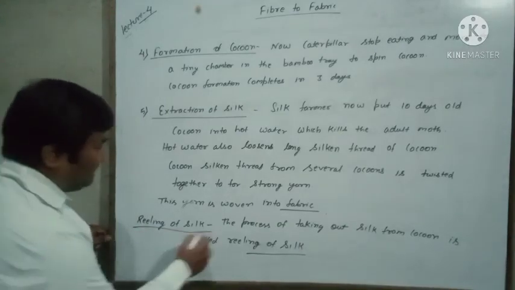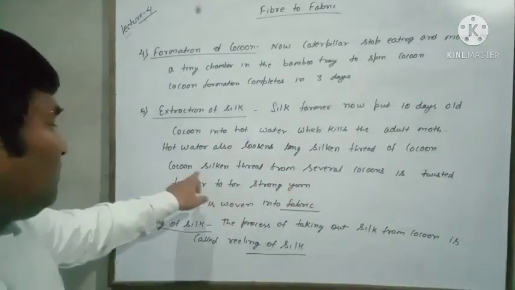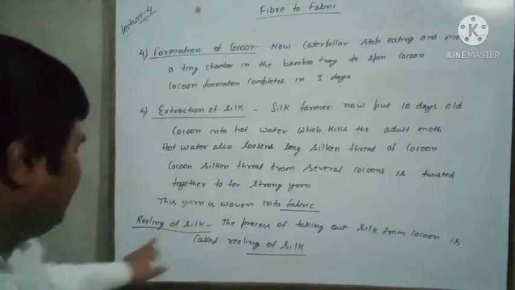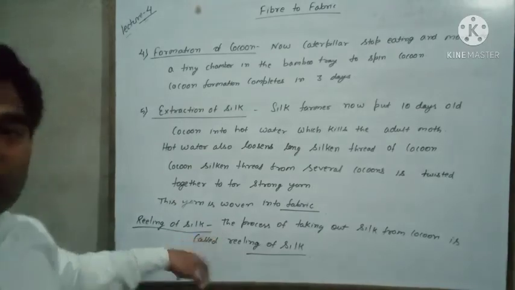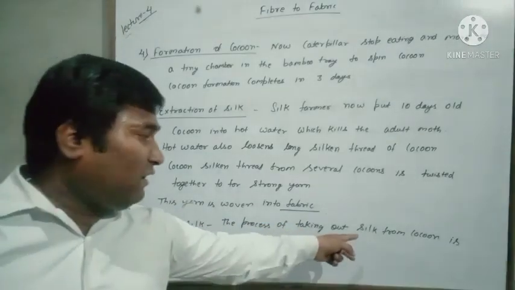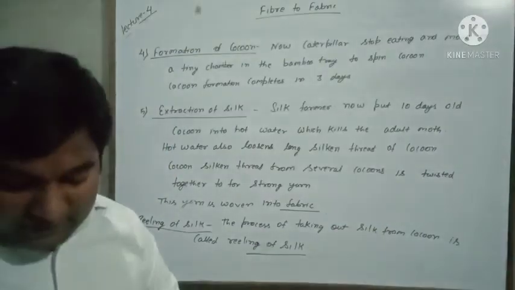So this process of taking out silken thread from the cocoon is called reeling of silk. Separately I have provided this definition. The process of taking out silk from the cocoon is called reeling of silk.